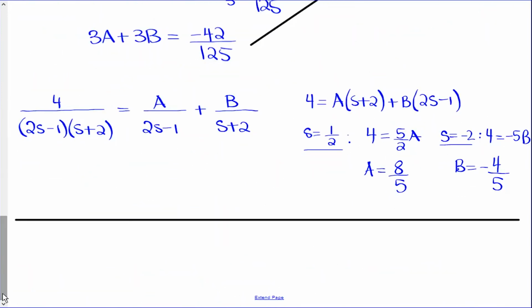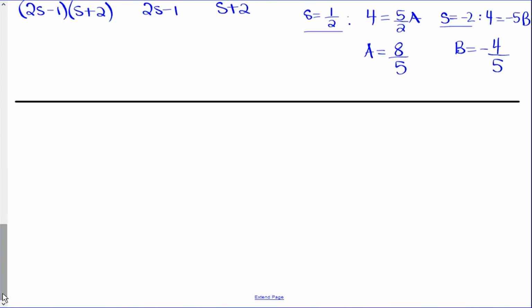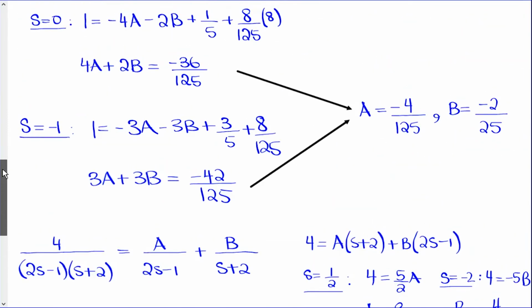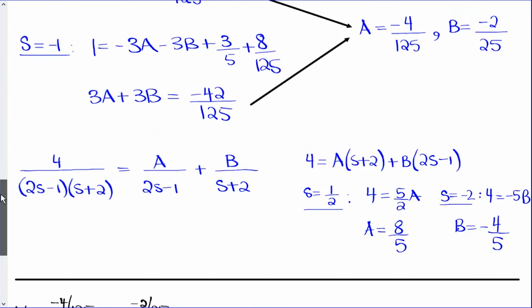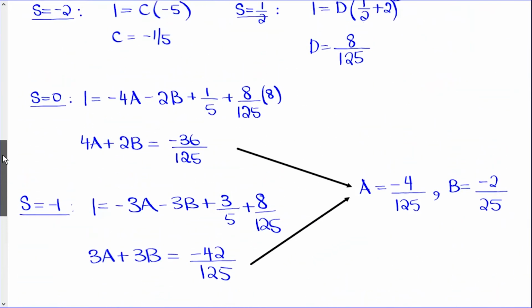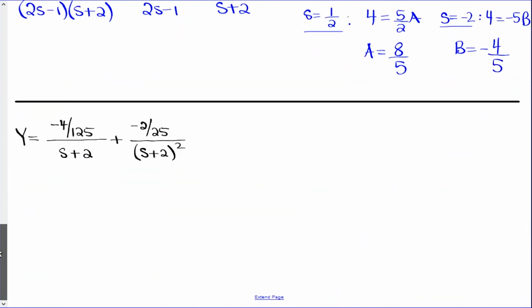I'm going to go ahead and rewrite y, capital Y, as, so in the first case, A was minus 4 over 125. B, I believe, was negative 2 over 25. C is minus 1 over 5.